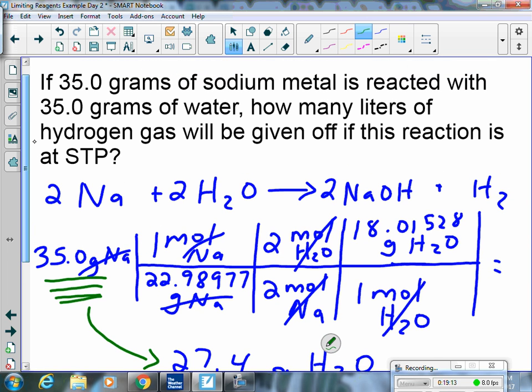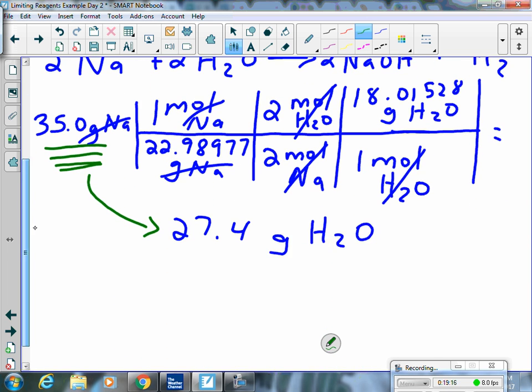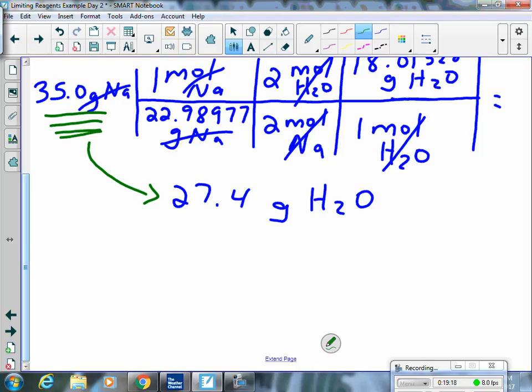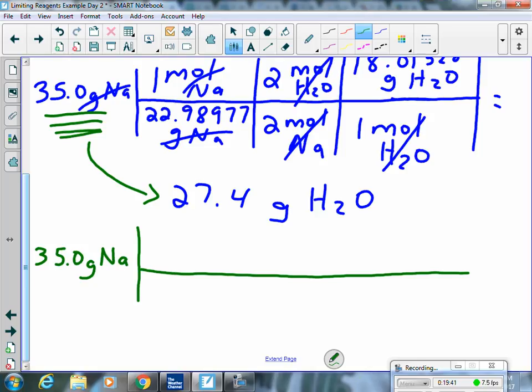Now, what was I asked? How many liters of hydrogen gas will be given off at STP? That's important because if it's at STP, I can use what? My molar volume, right? So, I'm going to take 35.0 grams of sodium, and I'm going to do a mass to volume of hydrogen gas. To 22.98977 grams of sodium.